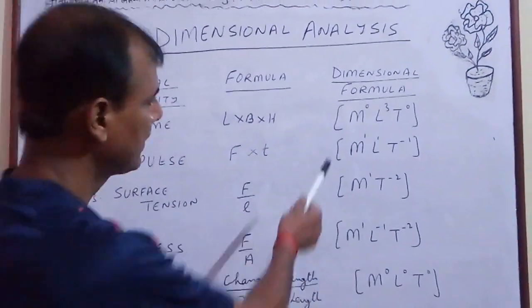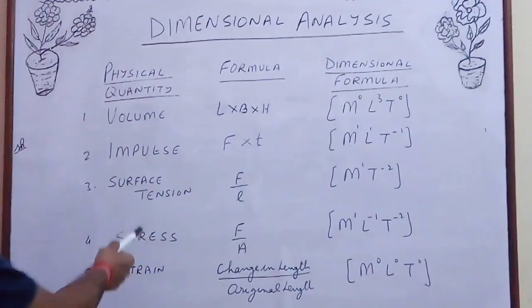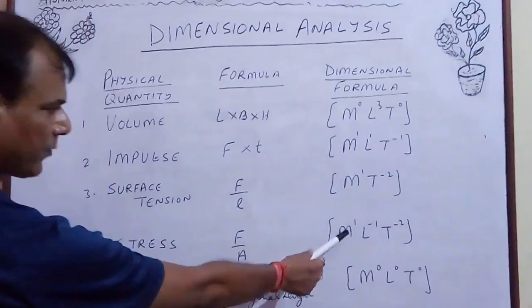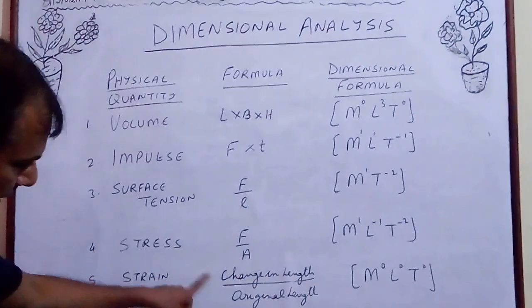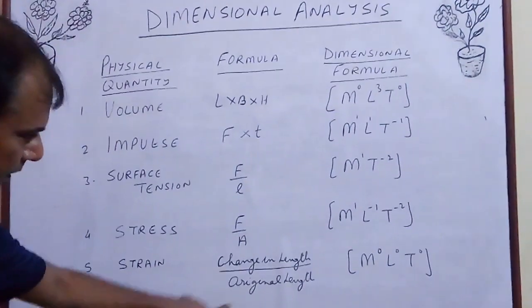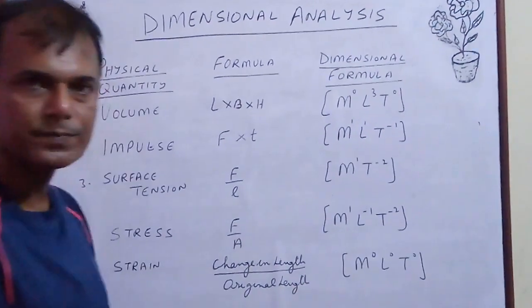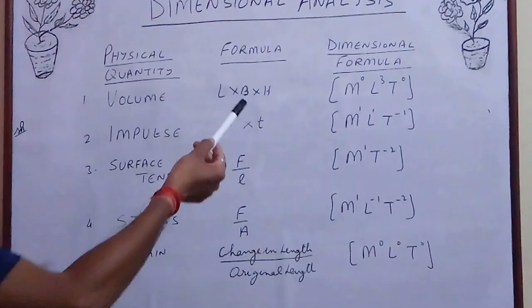The formula is M to the power 1, L to the power 1, T minus 1. Similarly, surface tension is M T minus 2. Stress is M1, L minus 1, T minus 2. Strain is change in length upon original length. It has no unit, so no dimension, it is M0, L0, T0. There are formulas for other quantities too.